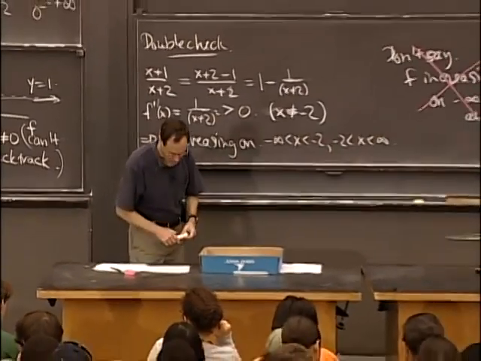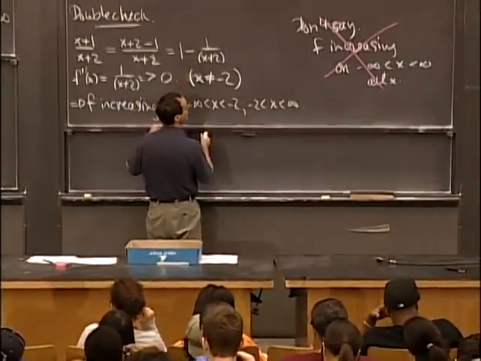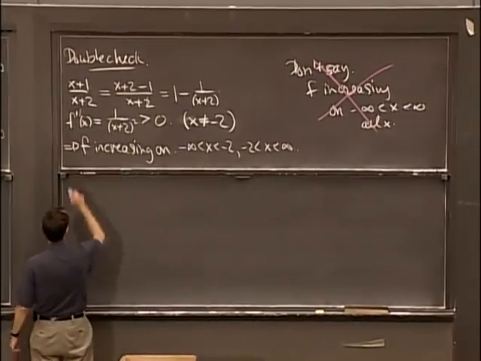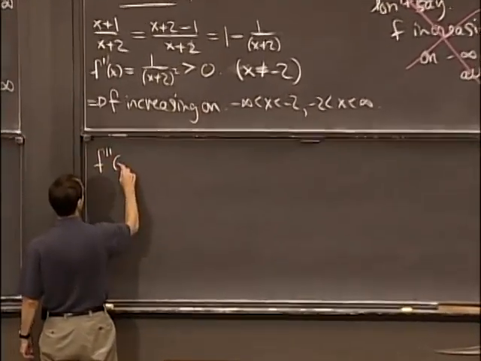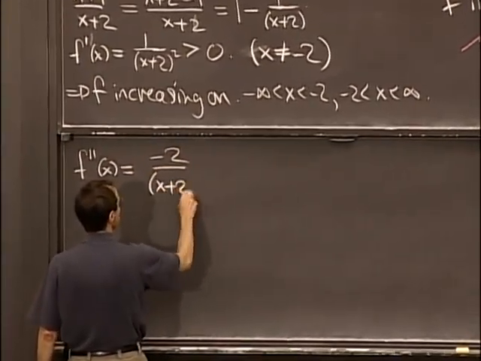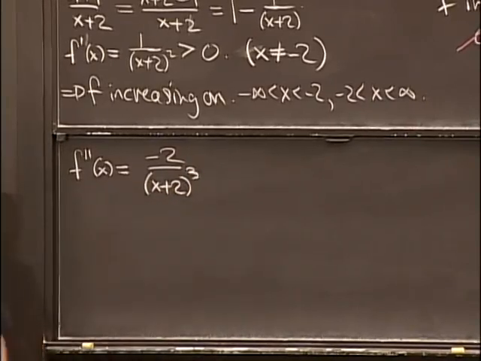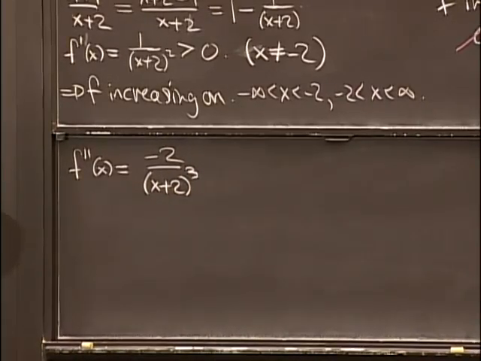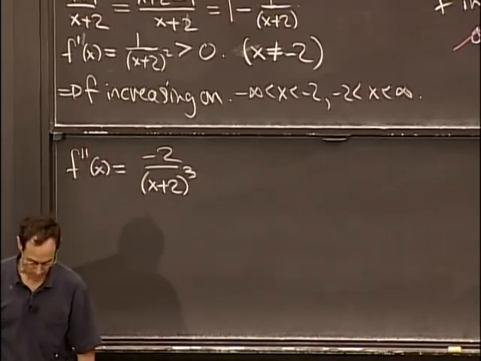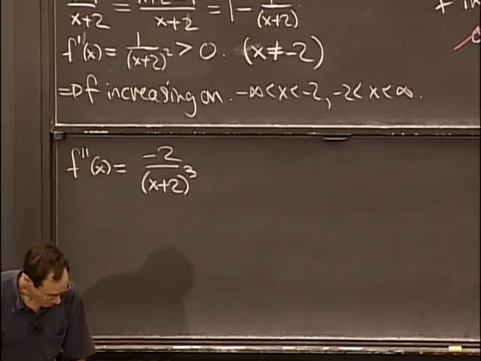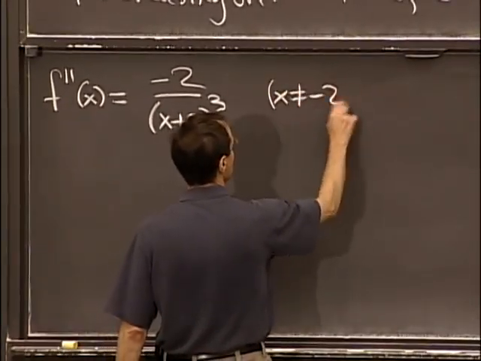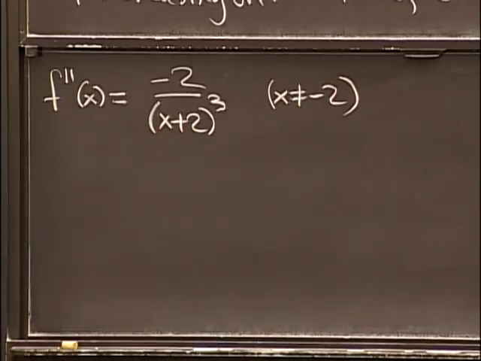remark. And now there's just a little bit of decoration as well, which is the role of the second derivative. So we've written down the first derivative here. The second derivative is now negative 2 over x plus 2 cubed, right? So right, I get that from differentiating this formula up here for the first derivative. And now, of course, that also only works for x not equal to negative 2.